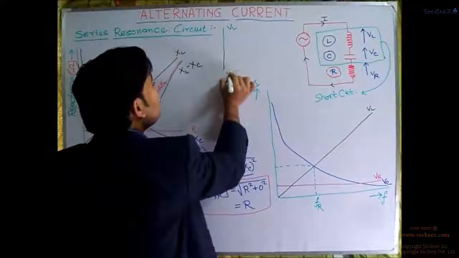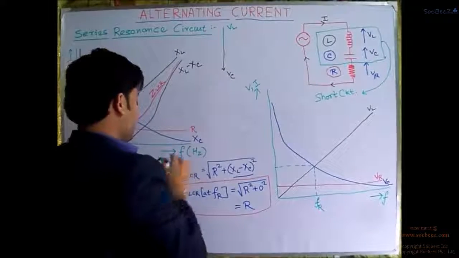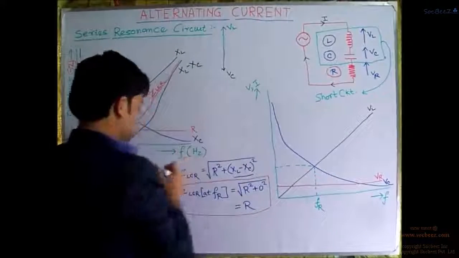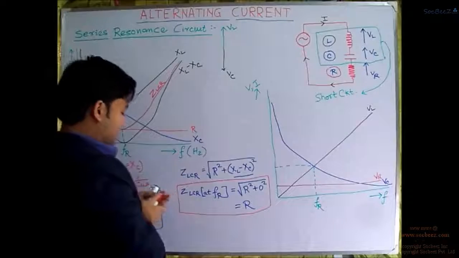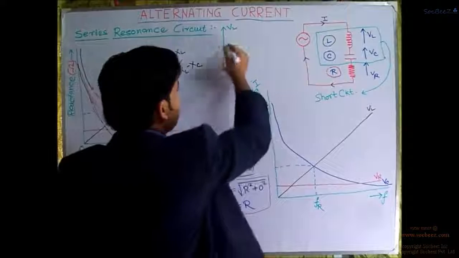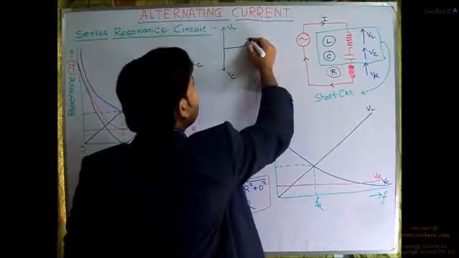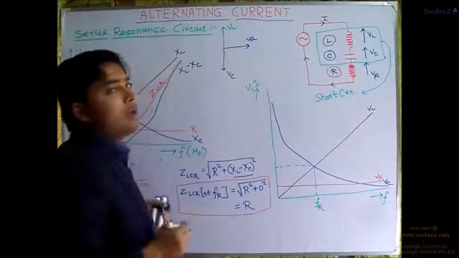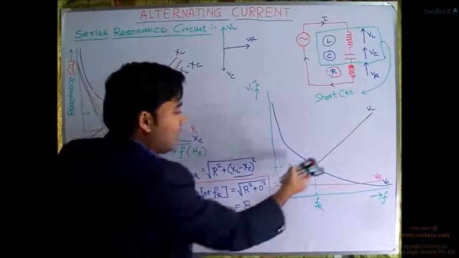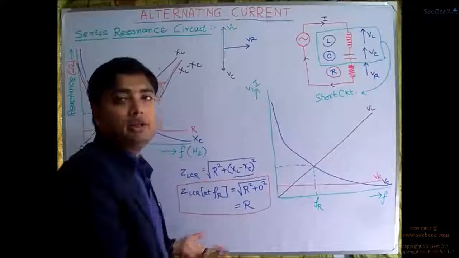So this will be for VC, the direction will be as such. And let us mark this as VR. Now what will be the resultant due to this? We could see that this VL is actually equal to VC.